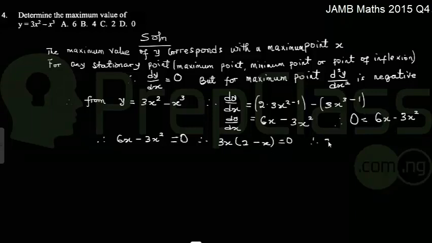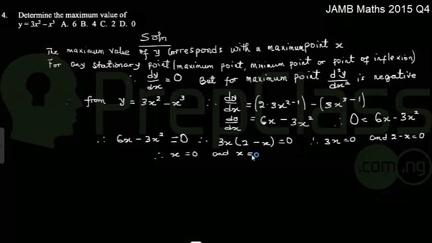So therefore I would have 3x equal to 0 and 2 minus x equal to 0. Dividing through by 3, I will have x is equal to 0, and rearranging the equation, I will have x is equal to 2.